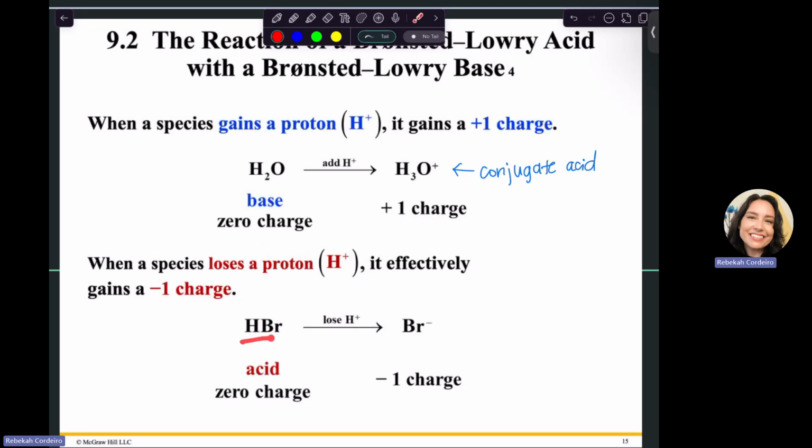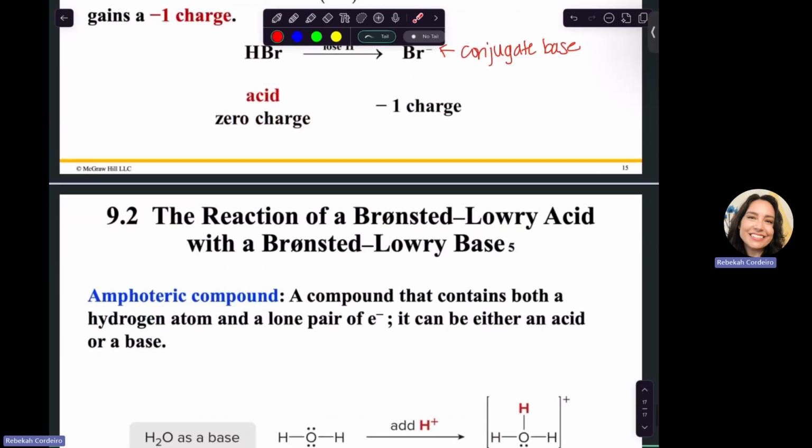If we're talking about an acid and we're losing a proton, we're going to subtract a +1 charge. So to make what's called the conjugate base here, just to put these terms back in your face so that you can help you memorize them, the acid does its job, it loses H plus. If it starts at 0 and it loses +1, so 0 minus +1, it's -1. Get out a number line if you need to. Losing positive is moving left in the number line, like subtracting. So 0 minus 1 is -1. Don't think about it too hard.